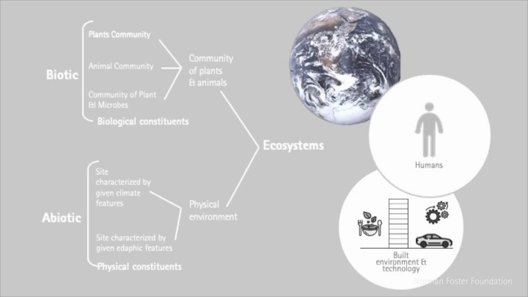Now, ecology sees the Earth as covered by this thin film, which is about 12 kilometers high. And within this biosphere, there are units in nature called ecosystems, which consist of biotic and abiotic constituents acting together to form a whole. Now, added to this is our human society.